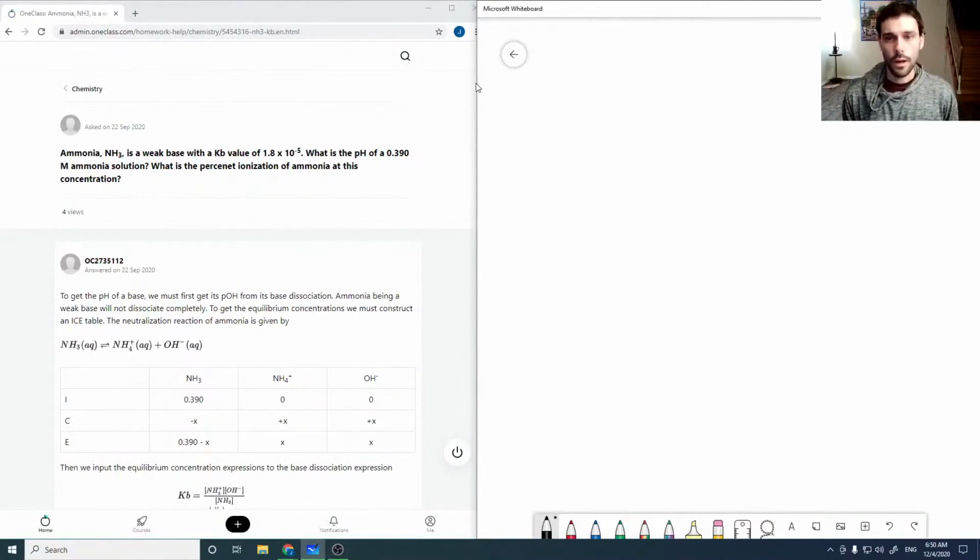All right, so now we have a similar question, except with a base, in this case ammonia, so NH3 plus H2O is going to go to, and we're given our base value, so that means we've got H3O plus NH4 plus, right?